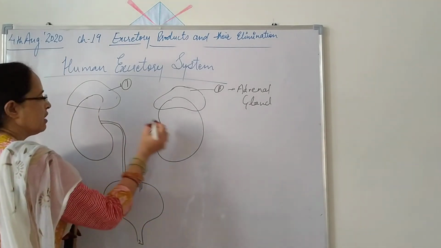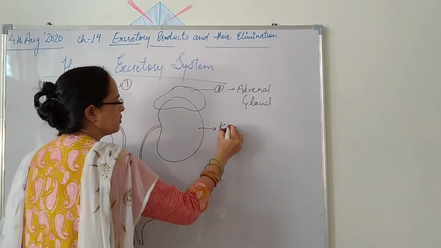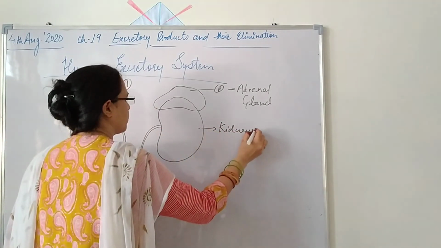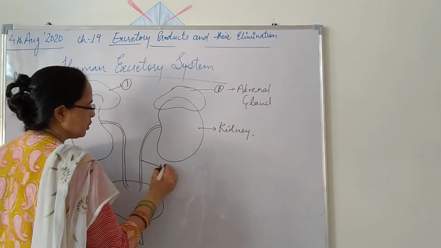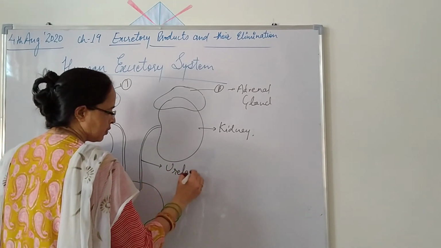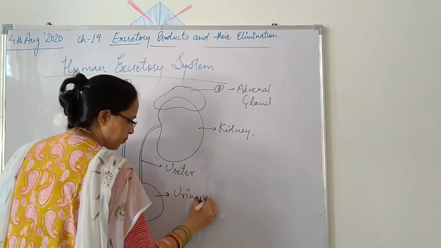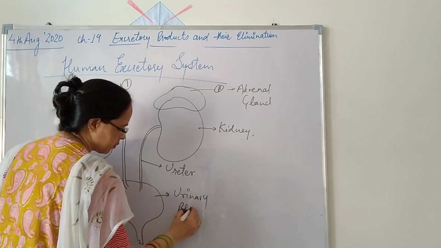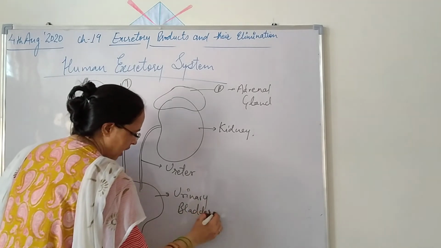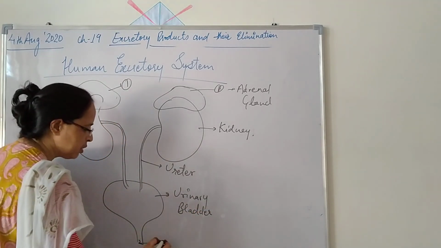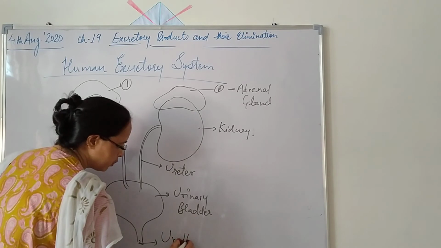Then these are the two kidneys. These are the ureters, the urinary bladder, and this opening of the urinary bladder is called the urethra.